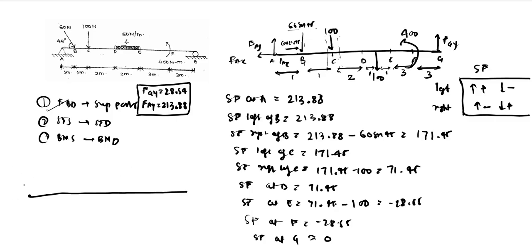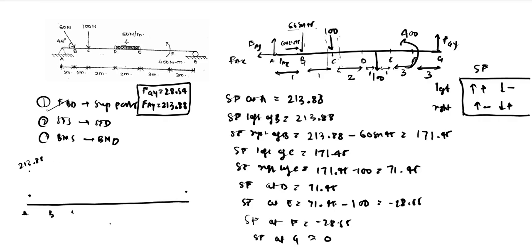So we have a shear force at A as 230.88. Let us draw it a little bit downwards. It will be A, B, C, D, E, F, and G. At A, we have 230.88 as the shear force.